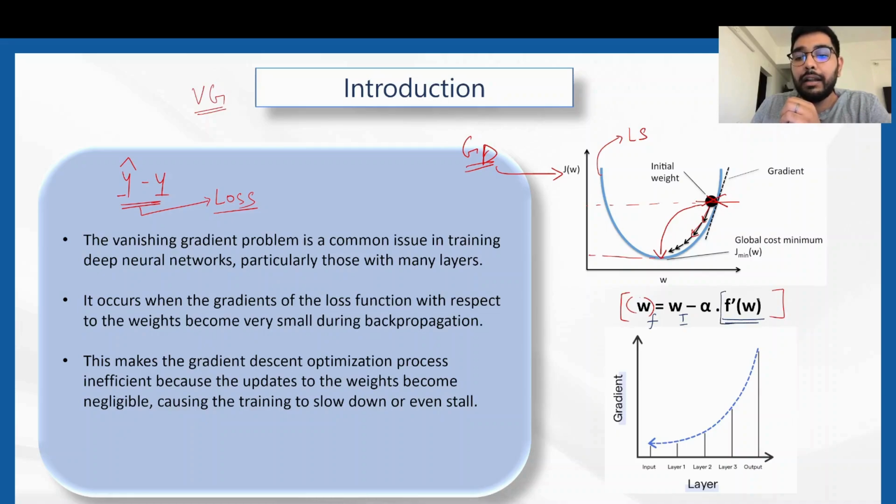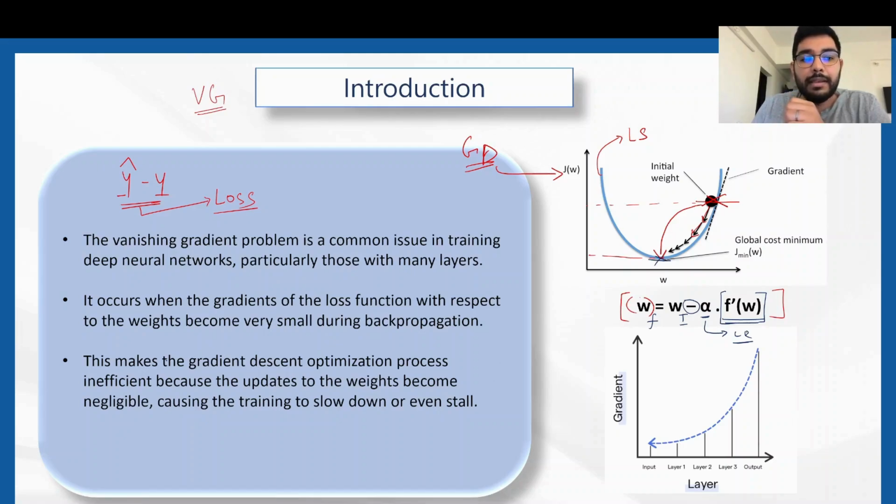This f dash of W is the derivative or the gradient of the loss function at this point, and we are moving in the opposite direction. This negative sign says that we are moving in the opposite direction of the gradient, and alpha is the learning rate, that is the step size of how much to move. This is the whole process of gradient descent. That is, we need to move in a direction wherein the loss is minimized.